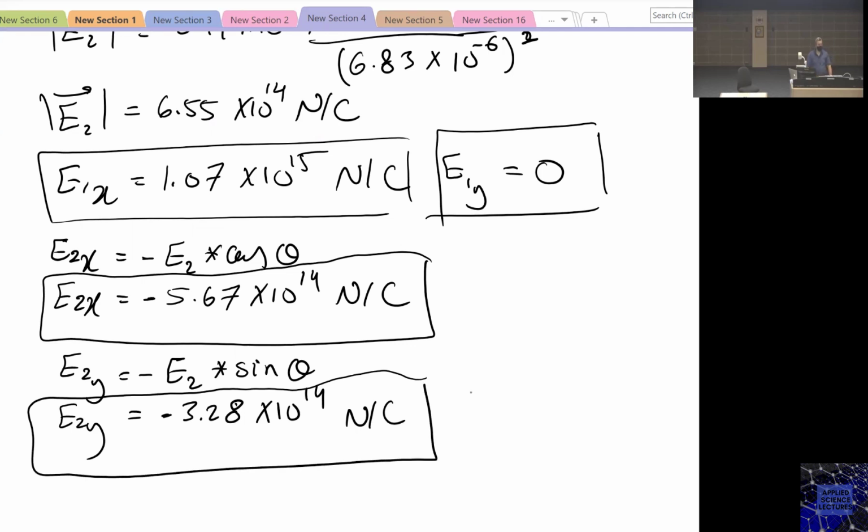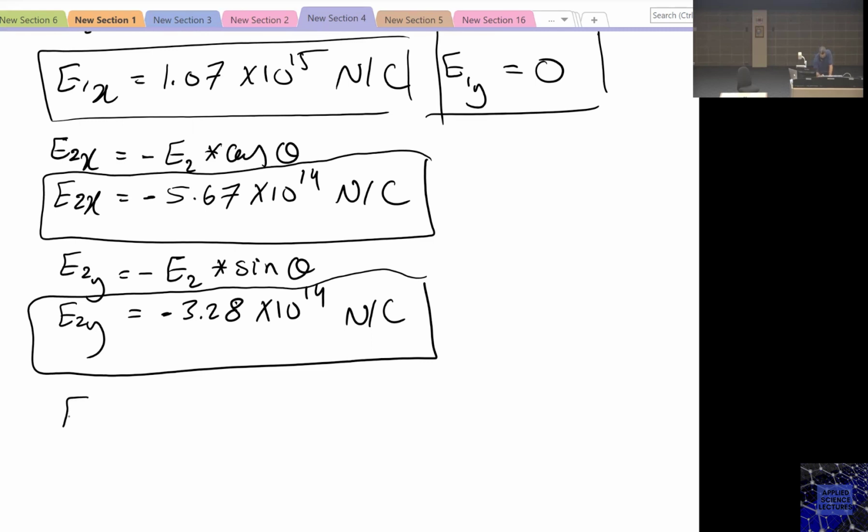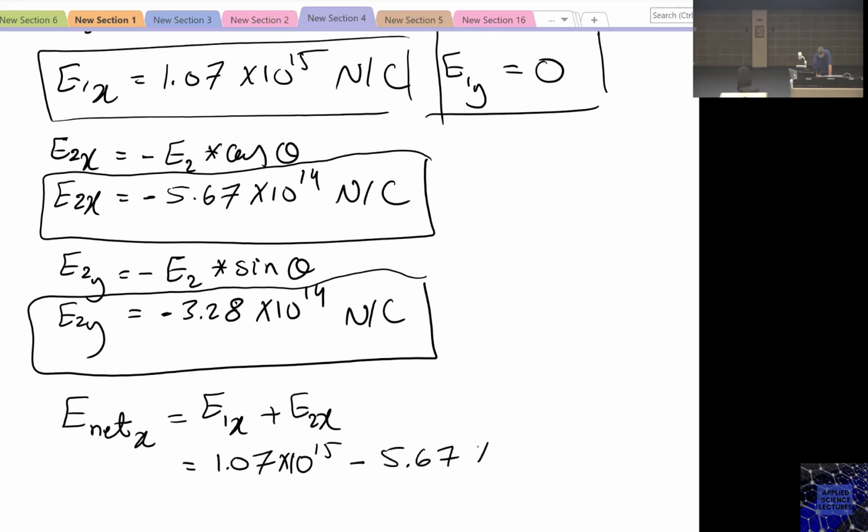Now, if I am to find the net component, then I would go E net x as E1x plus E2x, which is 1.07 10 to the power 15 minus 5.67 10 to the power 14.